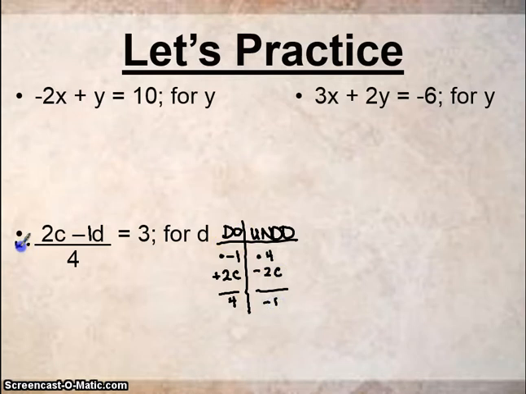So first step is to multiply each side by 4. We get 2c minus 1d equals 12.